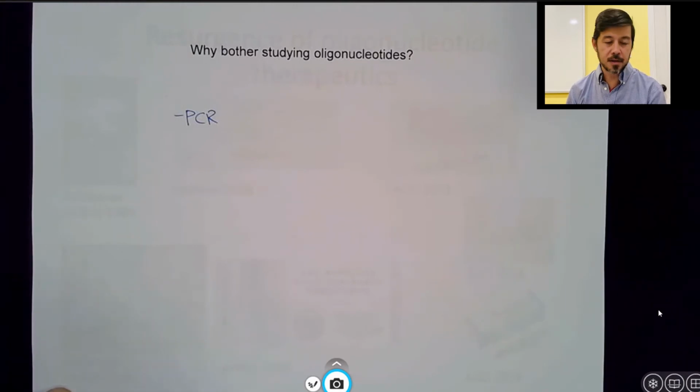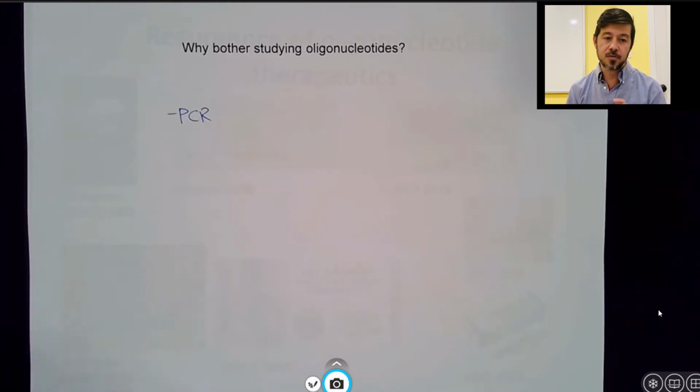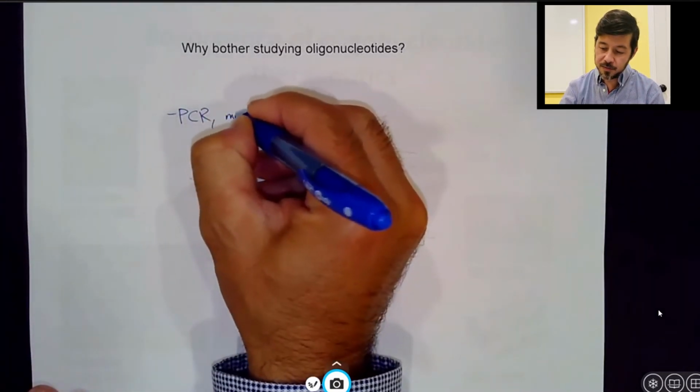COVID-19 testing is all done by PCR. So it's a very robust, very accurate method. In order to do PCR, you need to have access to primers, short oligonucleotides that can be specific for your particular gene. So it's useful for PCR.